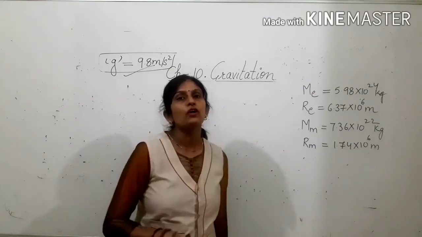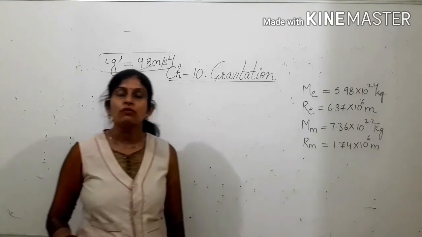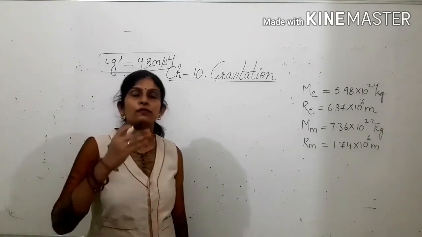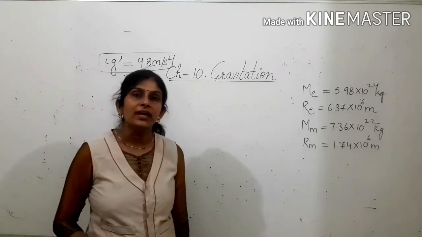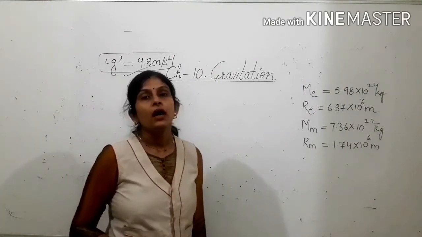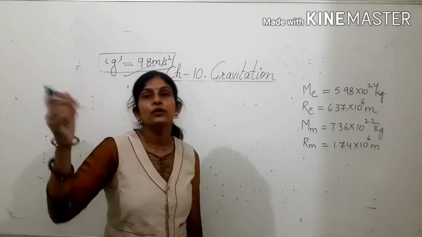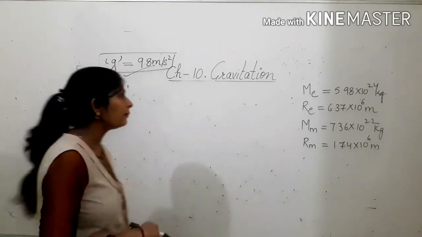So the weight of the object is less on the surface of moon. So when an object moves from earth to moon, its weight is reduced. Now we want to calculate up to how much extent it is reduced. That I am going to calculate.